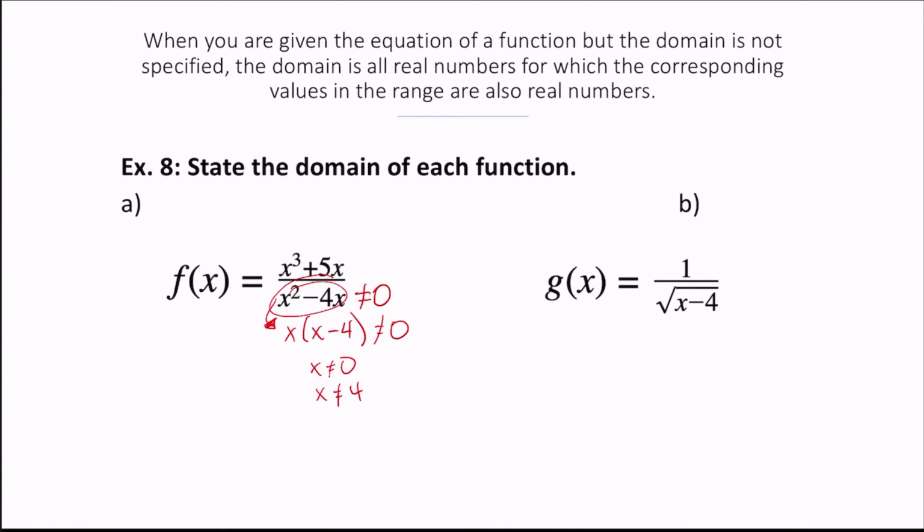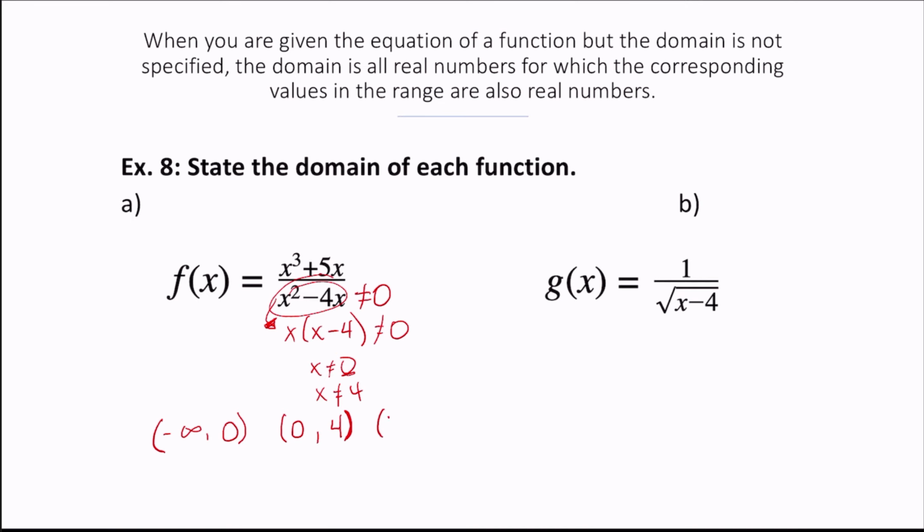To write that in interval notation, we want to include all numbers except 0 and 4. So starting at negative infinity up to our lower number, which is 0, we don't want to include 0, so we're going to use the parenthesis, not the bracket. And then we want another part that starts from 0 and goes to 4. And we don't want to include 4.